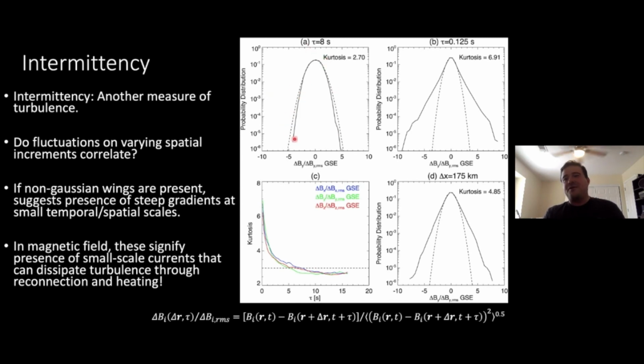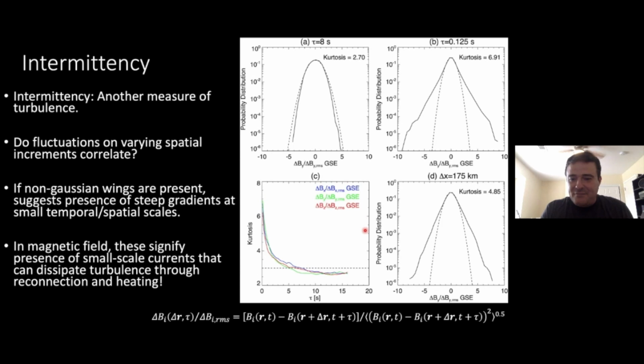When you have turbulent flow, you tend to start having eddies combining, smashing into each other, and you start to actually get these non-Gaussian wings as you get to smaller scales, and we call those intermittent current sheets, intermittency.